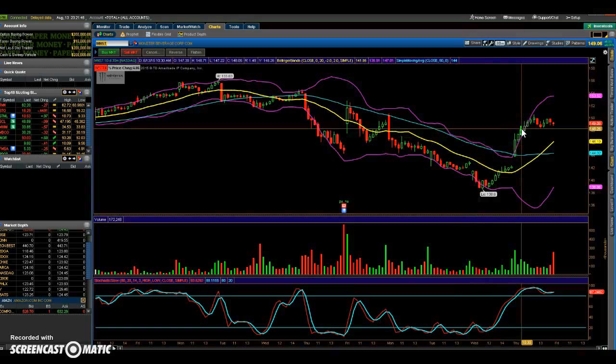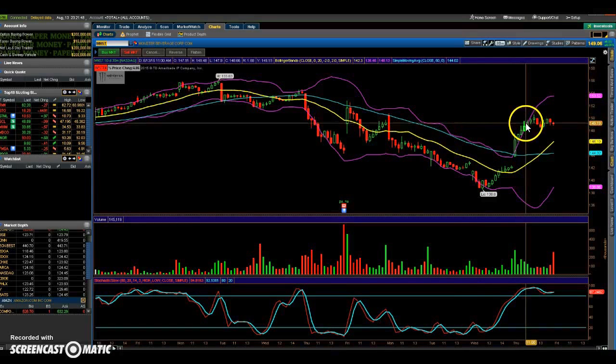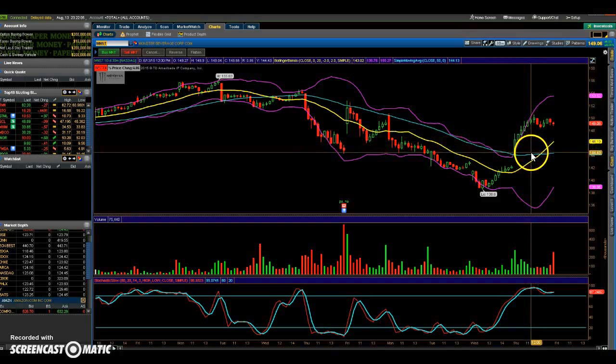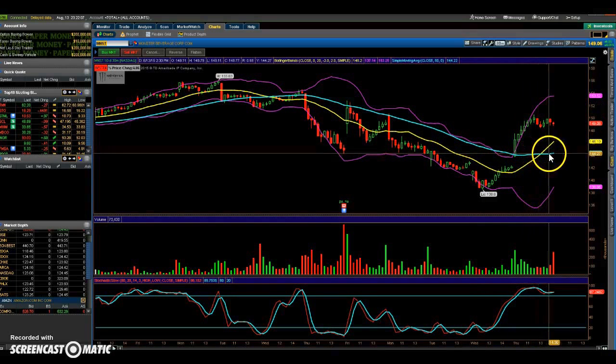So right now, Monster's at 149.06 a share, and we see what it just did here. It broke the outer limits. It violated the Bollinger Band, so what we're expecting is a recourse. We're expecting that rubber band that's stretched out right now to snap back and the stock to drop back down to this blue line, which is your simple moving average.